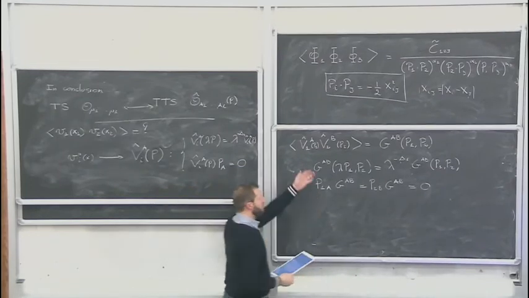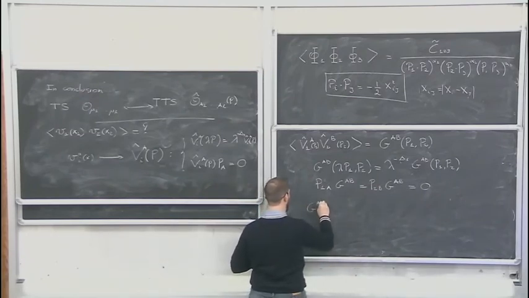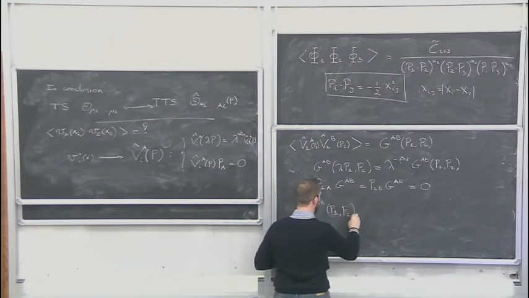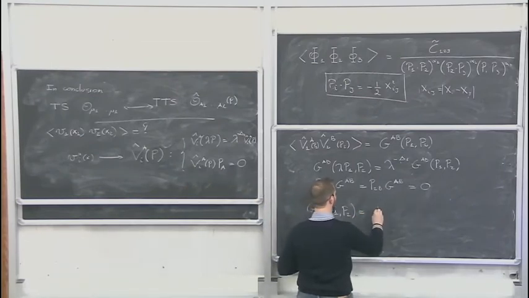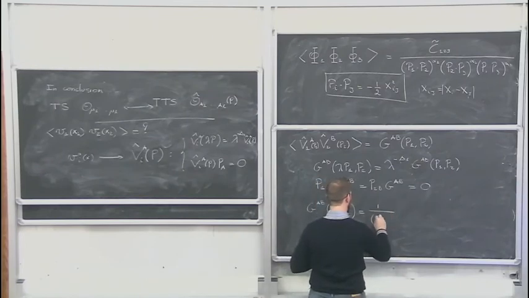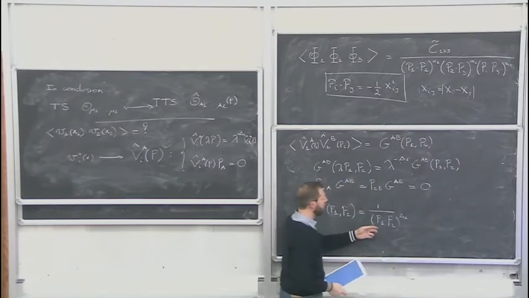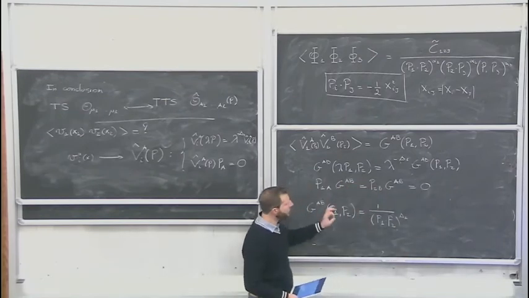According to these conditions, we can write an ansatz, for instance. G_AB of p1, p2. First of all, let's take care of the homogeneity properties. If we divide by p1 dot p2 to the power delta, the homogeneity already tells you that delta 1 has to be equal to delta 2.